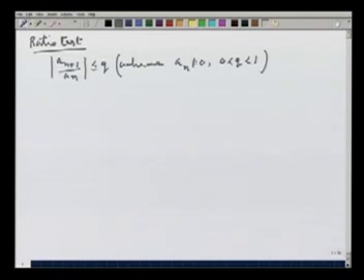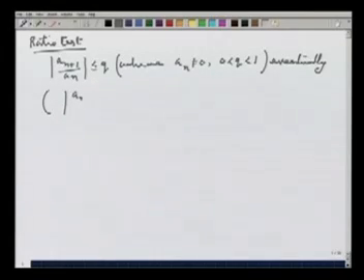And I assume that this inequality is true eventually. That is, after one stage, this a_(n+1) by a_n is less than or equal to q.